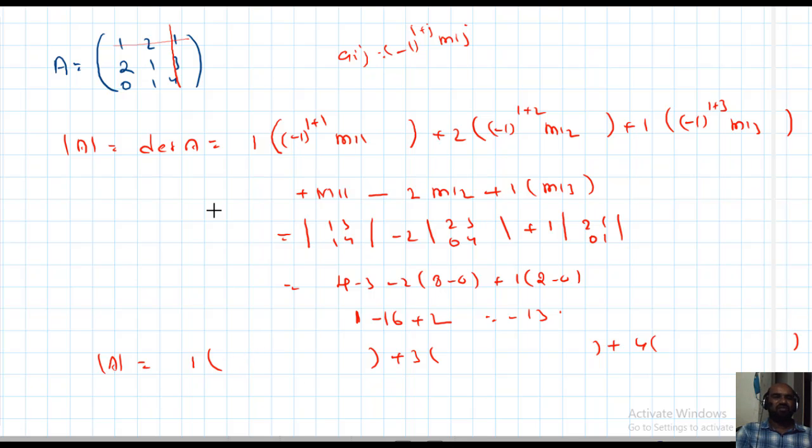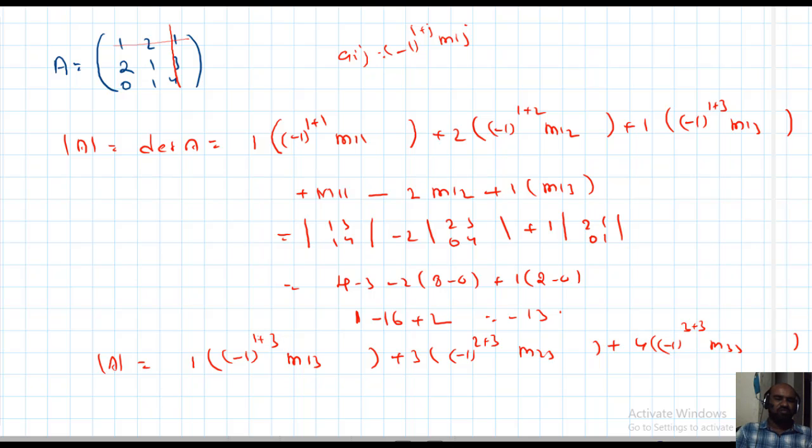These are the first row third column element, the second row third column element, and the third row third column element, so M13, M23, M33.